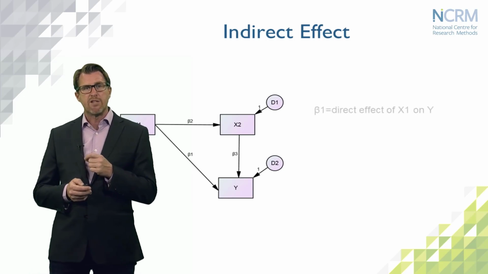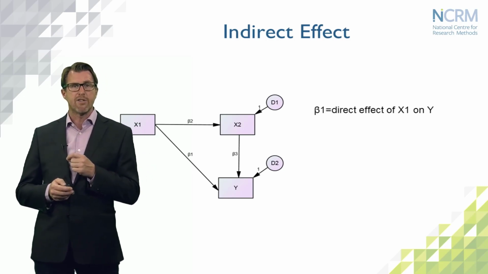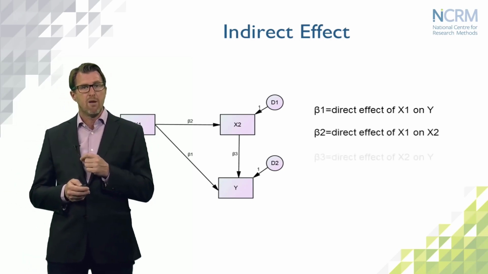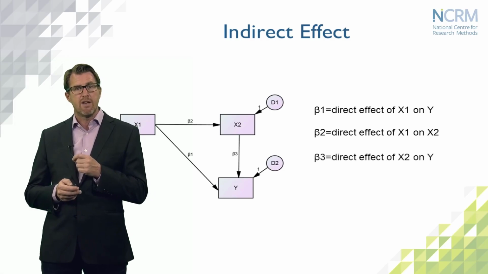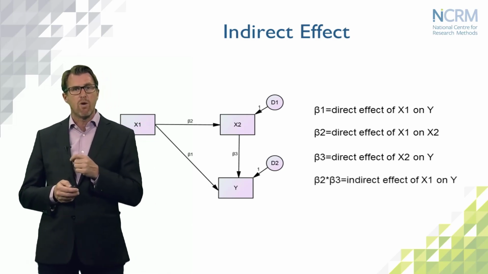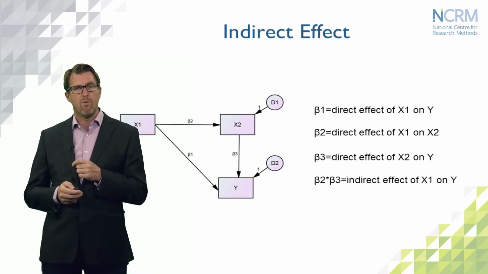So here beta 1 represents the direct effect of x1 on y, beta 2 is the direct effect of x1 on x2, beta 3 now is the direct effect of x2 on y, and beta 2 times beta 3 will give us the indirect effect of x1 on y.